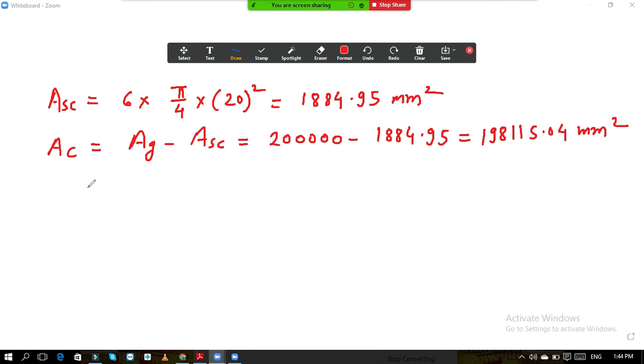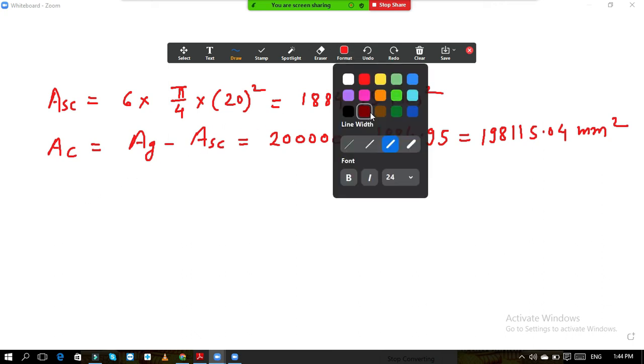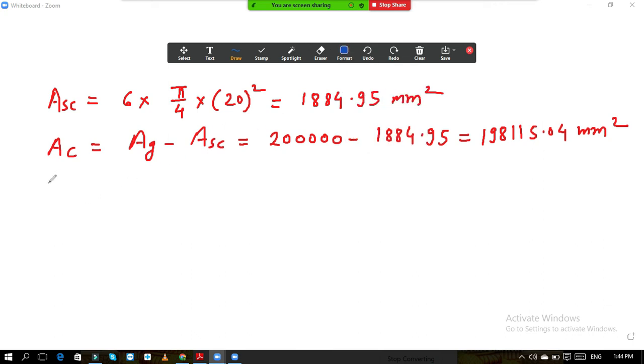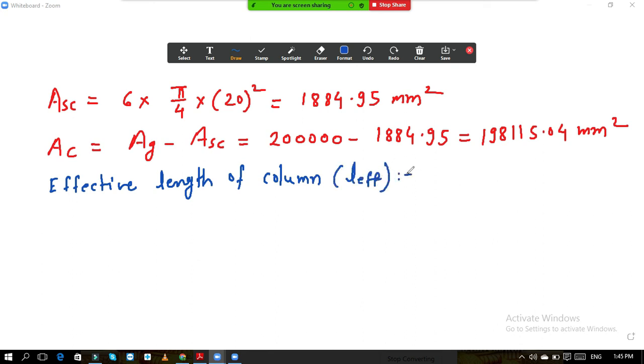After calculation of this, we will calculate the effective length of the column, that is L effective. From where are we going to calculate it?